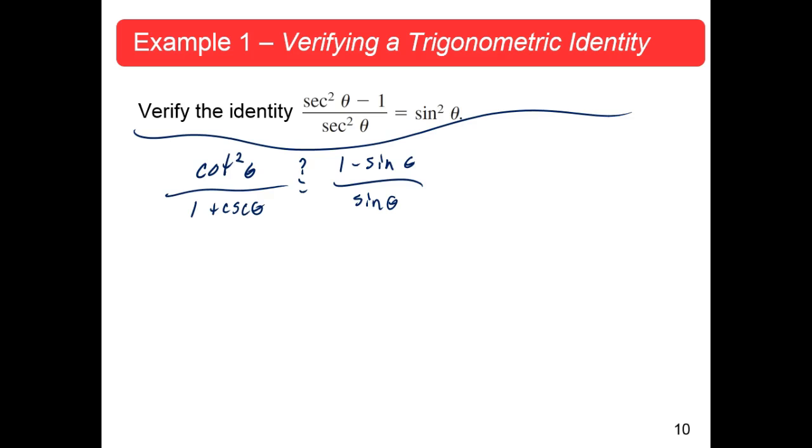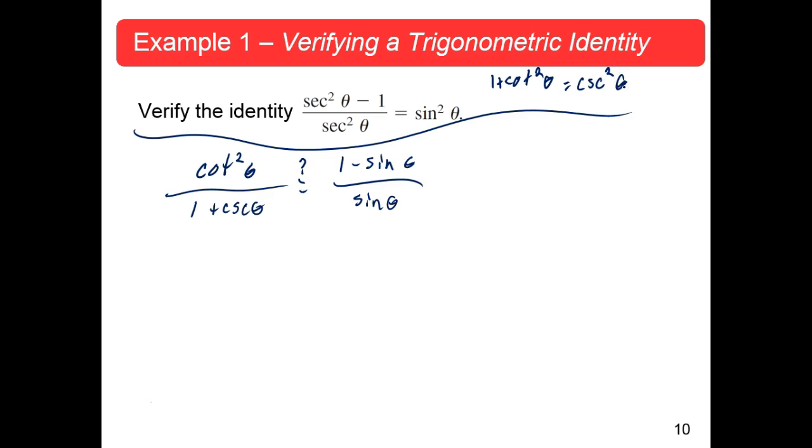But remember, one of the first things is, see if there's anything you can do to simplify, and what does cotangent squared bring to mind? So I got Pythagorean identity, and which one would that be? 1 plus cotangent squared. Let me write it down: 1 plus cotangent squared theta is equal to cosecant squared theta.